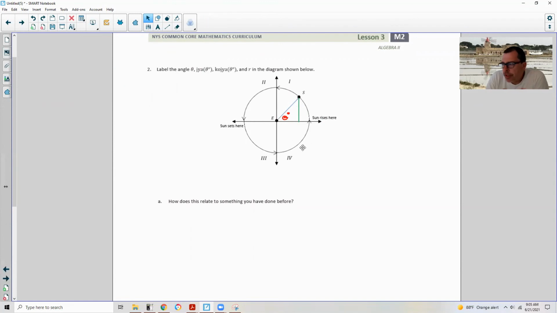Okay, so there is jaw. That's jaw, J-Y-A. So there's jaw. And koja is going to be the distance.